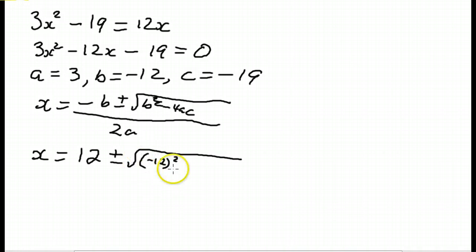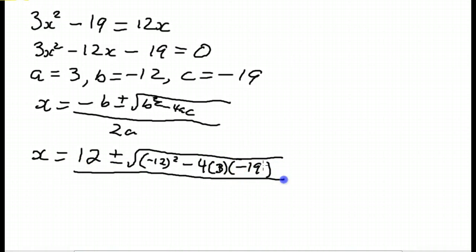I really want to remind myself that I'm squaring the quantity -12, minus 4, a is 3, and c is -19. Extend the radical out, it needs to cover the whole thing, over 2 times 3.